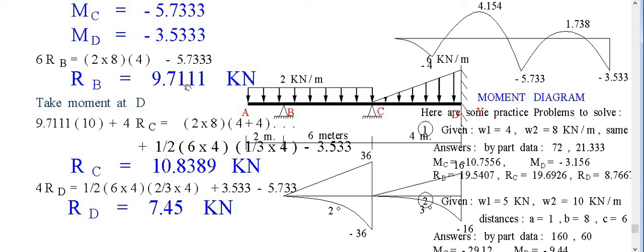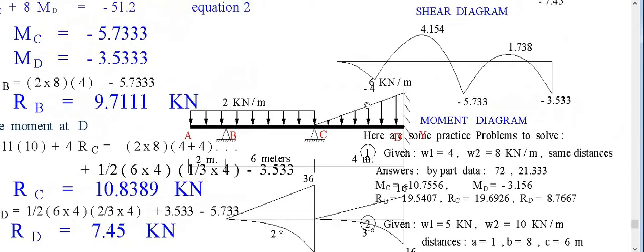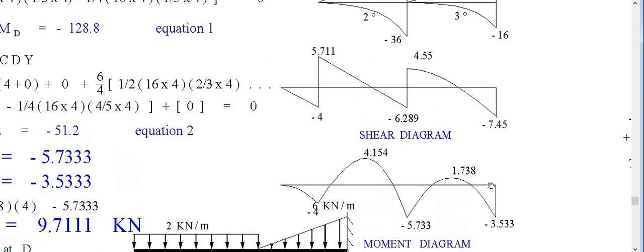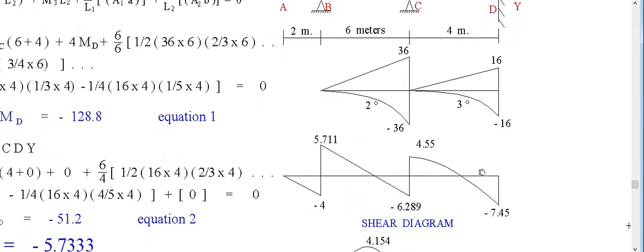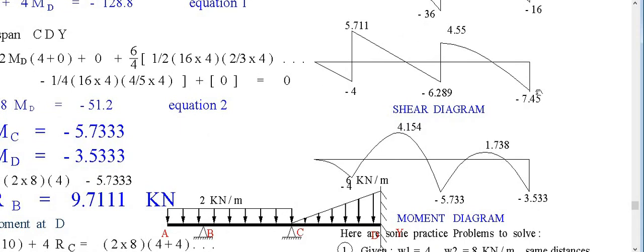Now we have solved now RB, RC, RD. These three, if you add these three, must equal to the total external load. This 16, and this is 6 times 2, 12, 16 and 16 and 12. So check that with your calculator. Now given now the three reactions, we can draw this shear and moment diagram.